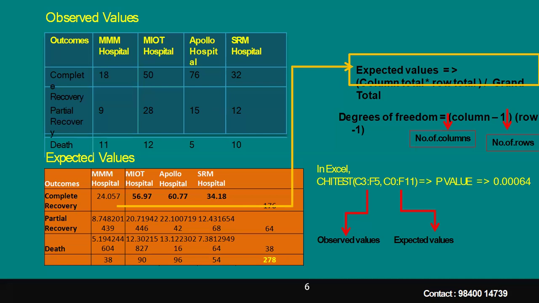Obviously, 0.00064 is somewhat closer to zero, right? So it is obviously less than 0.05. Hence, we reject the null hypothesis. P is less than alpha, reject the null hypothesis. Don't ever forget it. So we are going to conclude the outcome and hospital have an association. There is a relationship between these two categorical columns. This is one of the examples, okay?